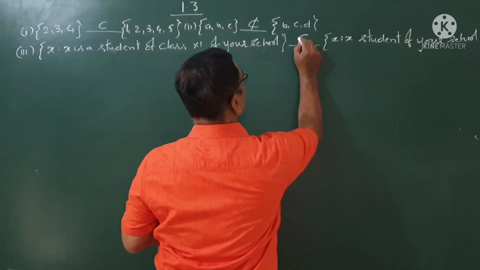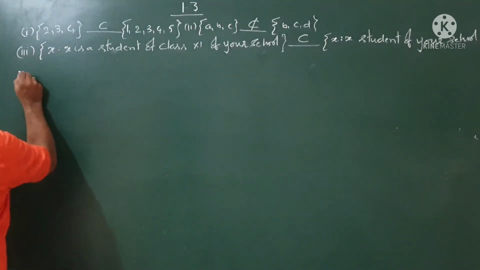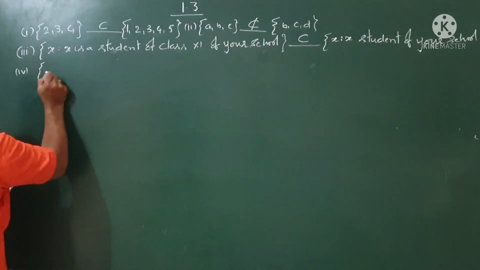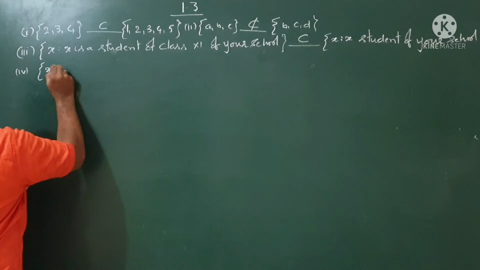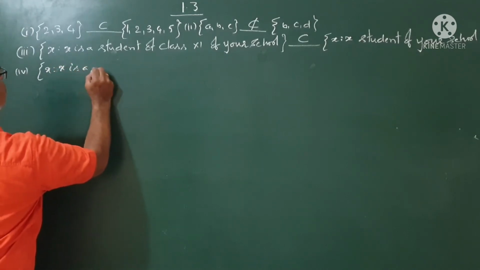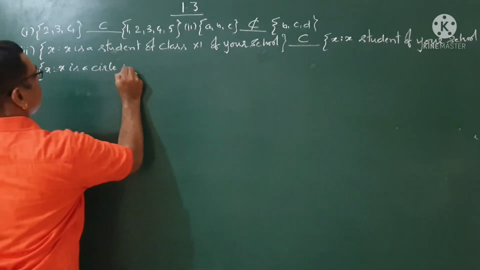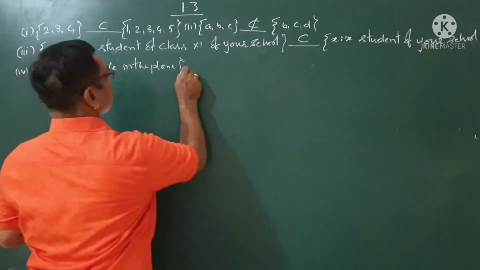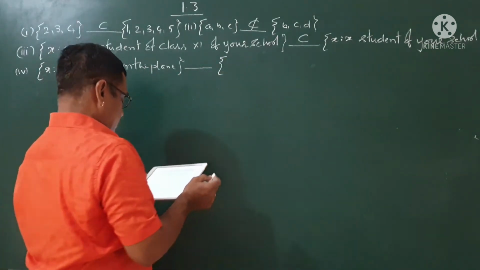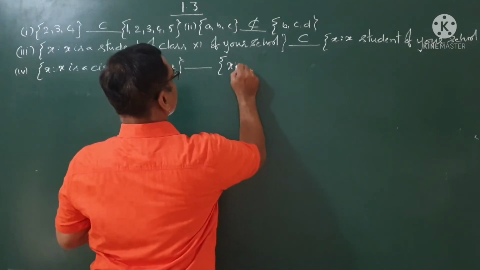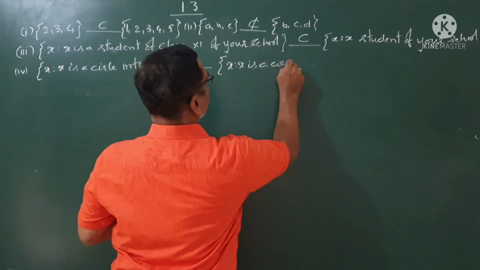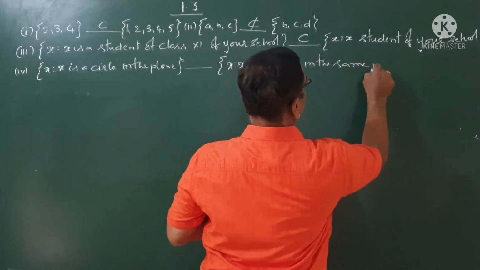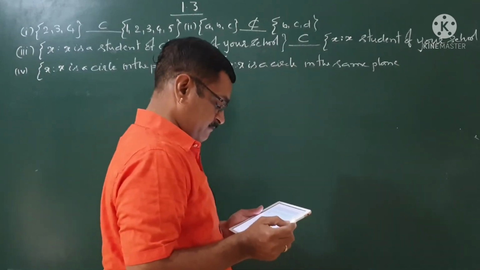Next, fourth. {x : x is a circle in the plane} dash {x : x is a circle in the same plane with radius 1 unit}.